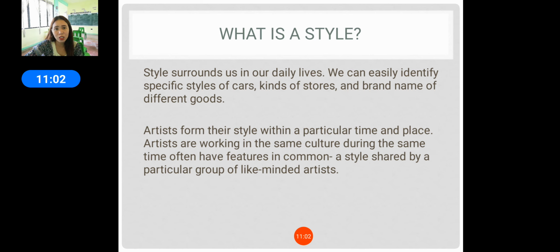The style of my painting, the strokes, the hue or the colors, whether it's bold or too light, depends upon the group of like-minded artists. But of course, it also depends upon you as you apply that kind of style.